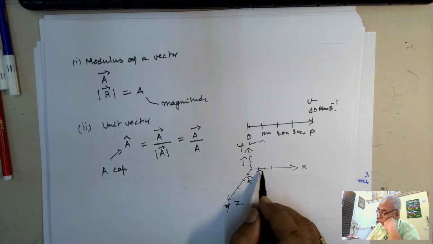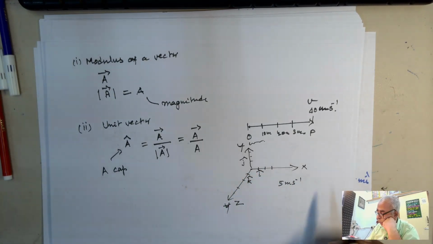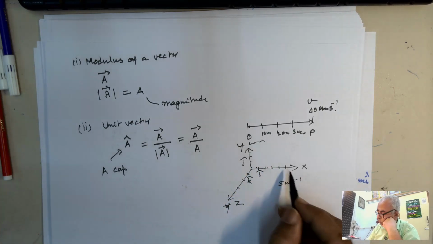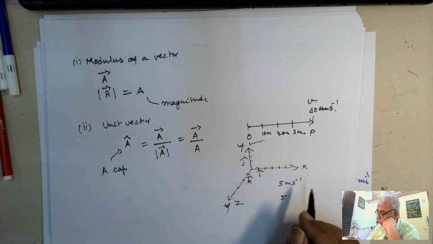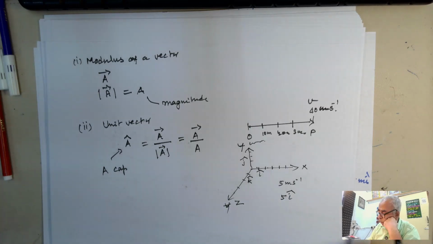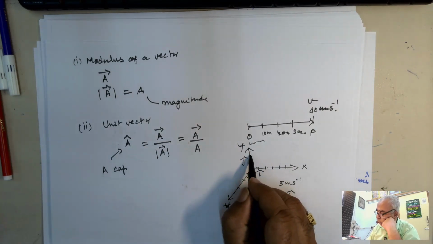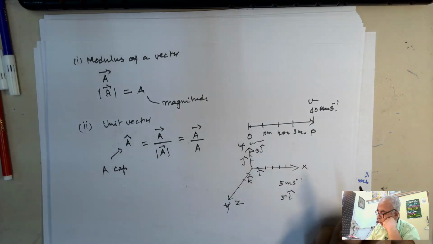For example, an object is moving at about 5 meter per second, so 1, 2, 3, 4, 5. And in which direction? That can be easily represented as 5 I cap. Do you understand? When another object is moving in the y direction, at around 3, you can call it 3 j cap.